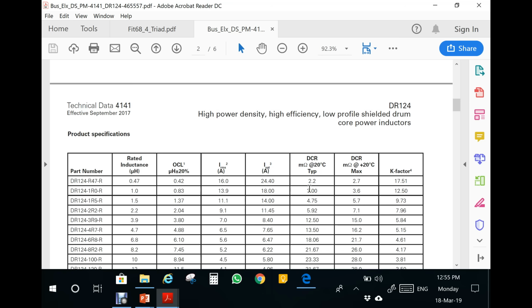So you see that the resistance is going up from 2.2 to 2.7 at 20 degrees, but 20 degrees is very small because this unit can go to 125.